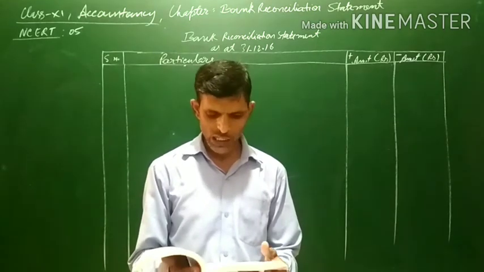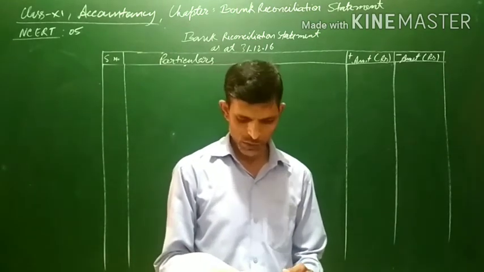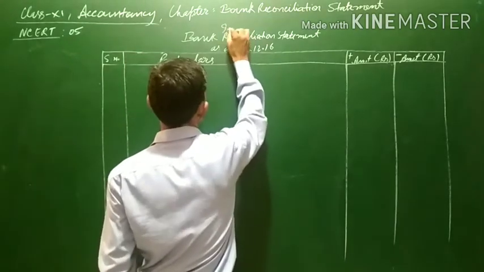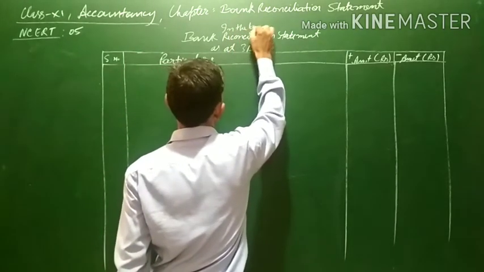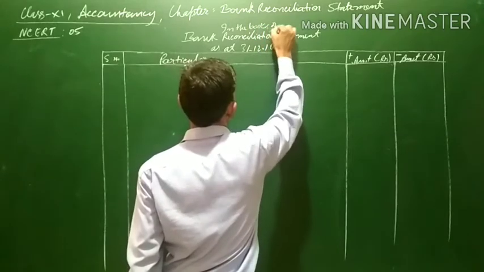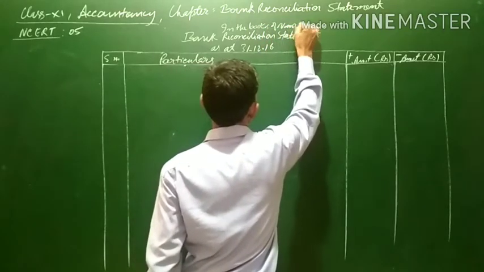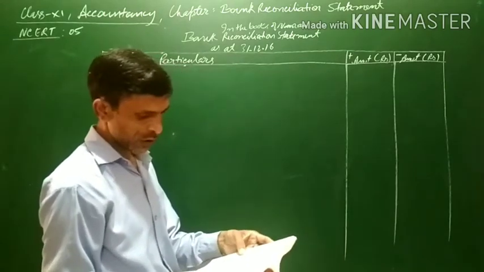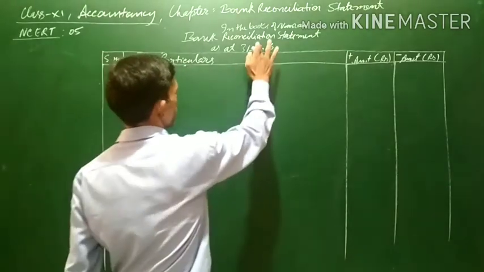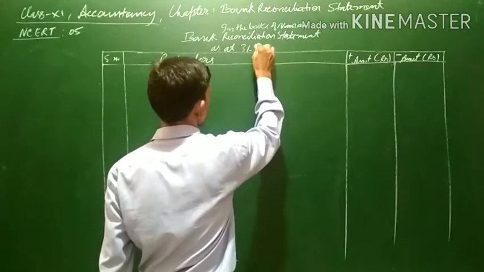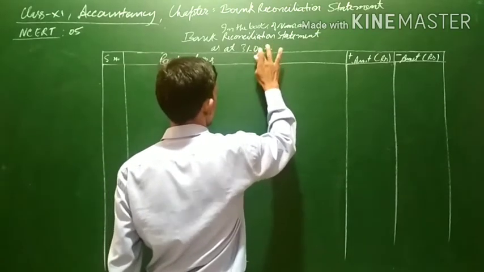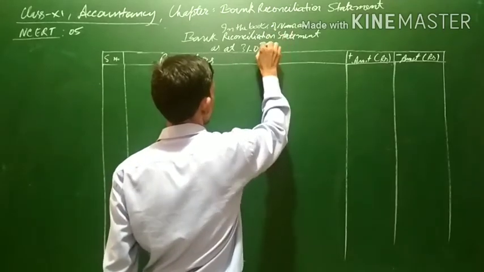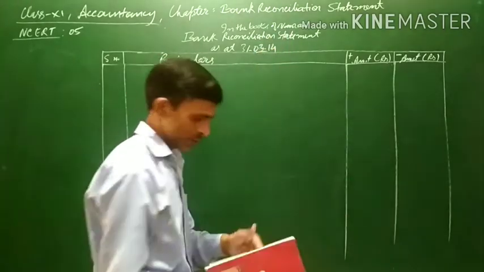This is on comparing the cash book with the passbook of Naman. You can write in the books of Naman at the top also. In the books of Naman. And the date is also given, that is 31st March 2014. This is the year.